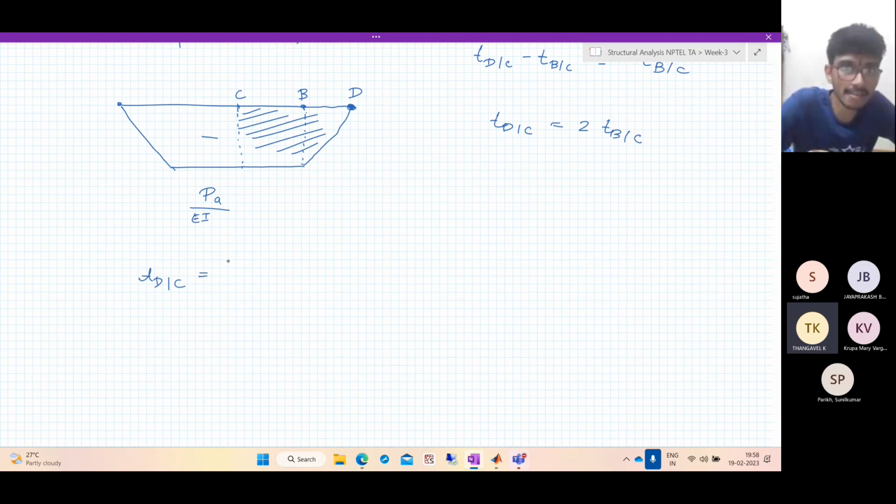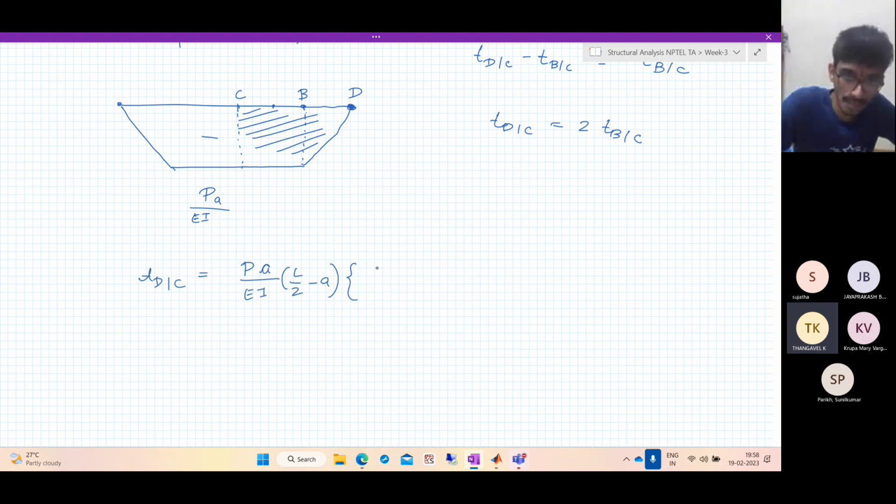So for the rectangle, area is PA by EI, acting over how much length? This is L minus 2A, so it is L by 2 minus A. Where does it act? It acts at the midpoint, right?